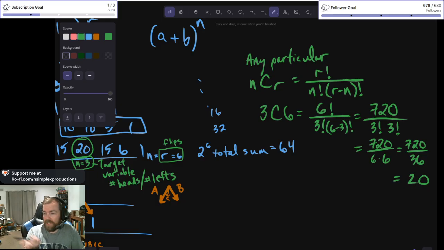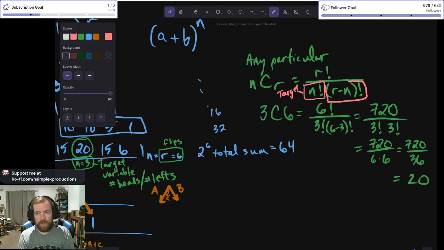So 3 choose 6 gets us 20, and that's exactly what we need. And then I had the realization that the way that I always saw it was that this n is our target, and this r minus n is left over.